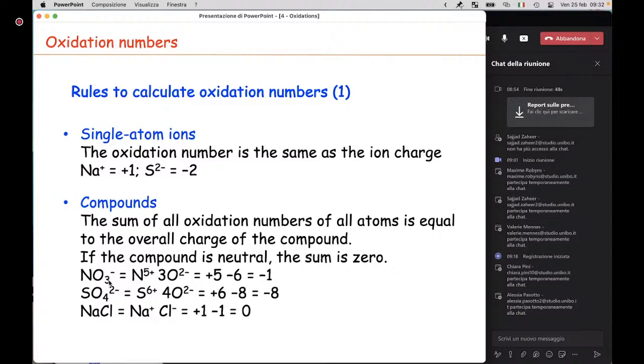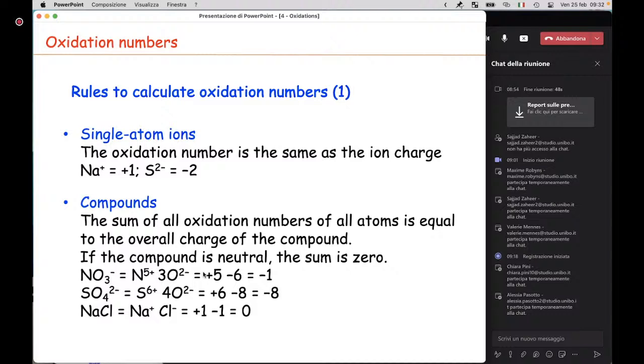So we have 3 oxygens, each of them -2, so 3 times -2 means -6. The total should be -1, so of course nitrogen should be +5 in order to give -1.